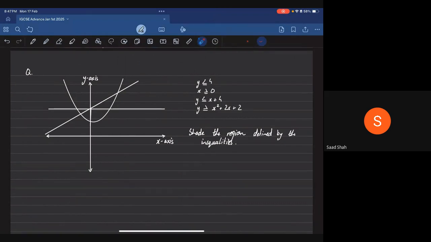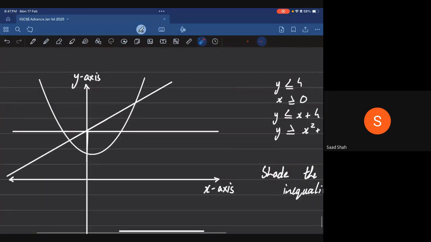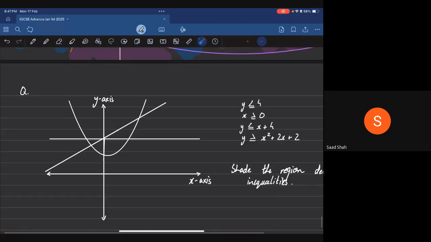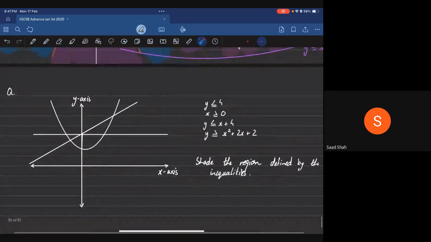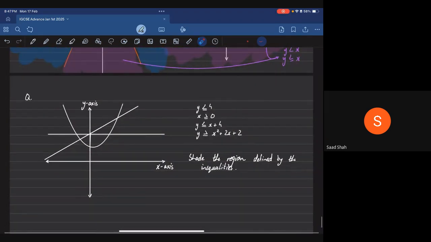You have to shade the region defined by these inequalities. And the graphs of the equations of these inequalities are already provided. So take your time. Whoever tells me first, it's another bonus mark, I think. Just let me know when you're done, guys.